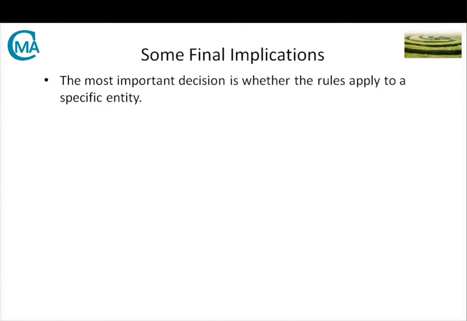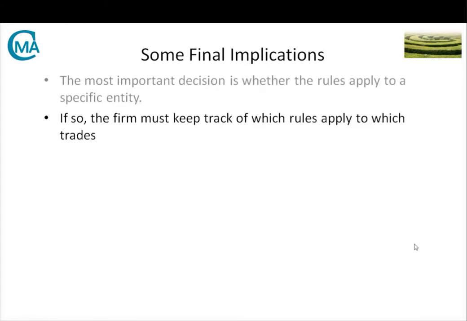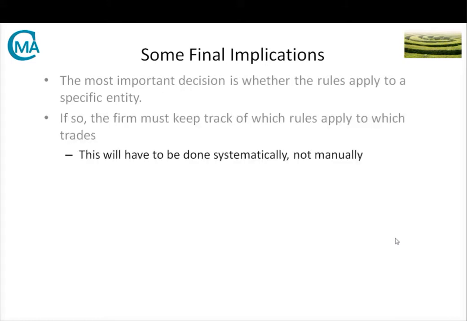So let's look at this. The first question is whether the rules apply to a particular entity, and that's not really a slam dunk decision. That's based on what your growth plans are, what your strategy is in the marketplace. And once you say yes, then you have to know which rules apply to which transactions, and you can't expect people to do that manually.